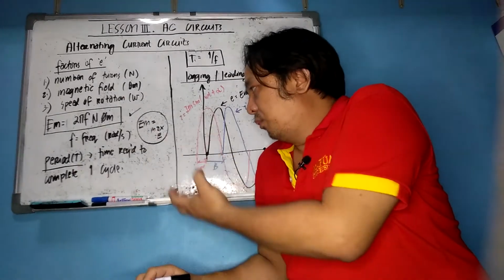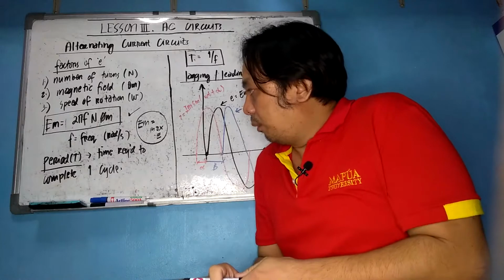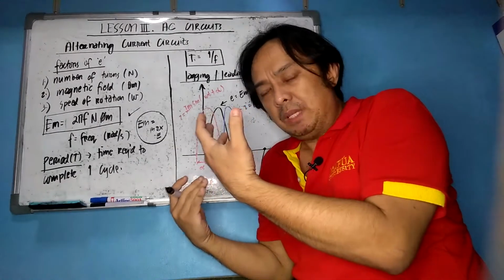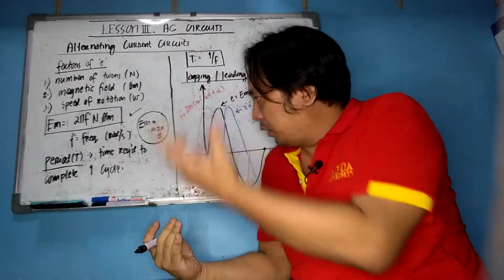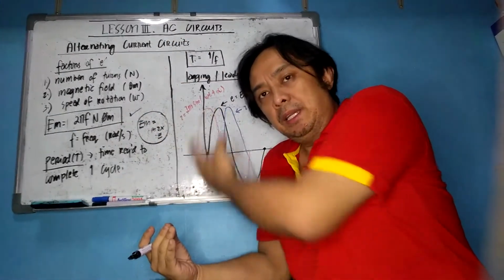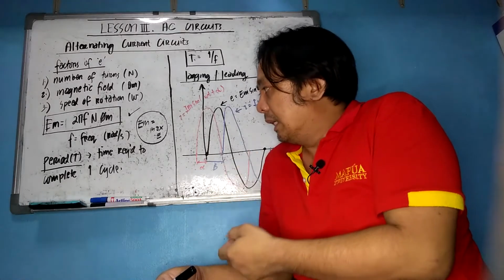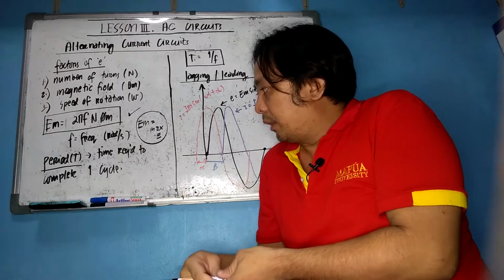Now let's move forward to the so-called period. Since we already know that you have a sinusoidal and it will repeat, depending on the number of times, we can say that the period is the time required to complete one cycle.